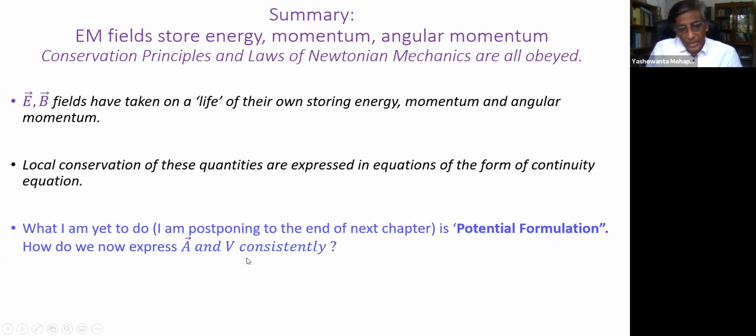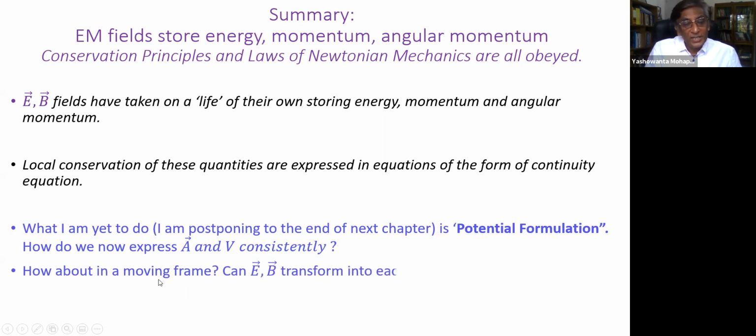I don't know if I'll have time, but it's also electromagnetic fields in terms of relativity. How about the laws of Maxwell's equations in a moving frame? Can E and B transform into each other? There is a suggestion, because the magnetic force is v cross B. Suppose I am now moving with the charge at a velocity v, then v cross B would cancel, and it would look as if there is no force, but there must be a force.